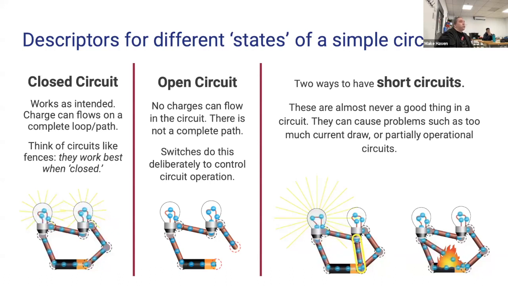Then we have short circuits. Short circuits are where we have a closed circuit, but maybe a path of that circuit is closed that we don't expect to be closed. The two important examples on this slide: you can have a short circuit where part of the circuit has been cut off from the flow of electricity because it's easier for the electricity to flow through another pathway.